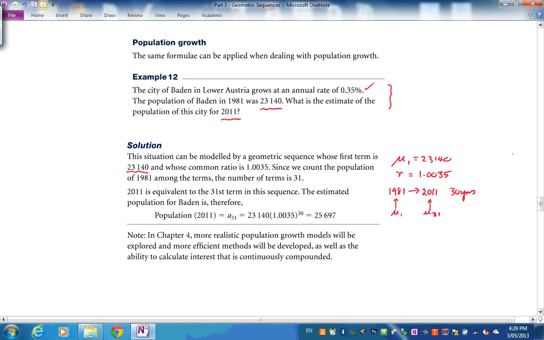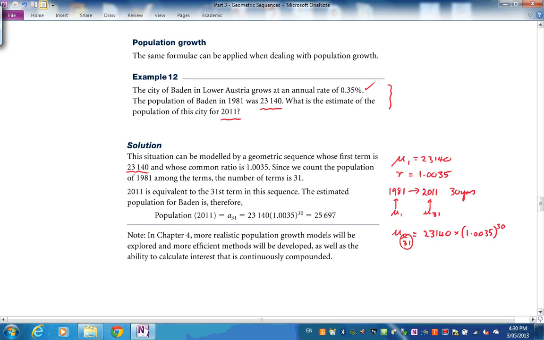So doing it from a geometric sequence point of view, remember mu n, we want mu31 equals mu1 times this ratio to the n take 1, 31. Remember, there's a 31st term. Here, take 1 is 30. So you've got to watch the term numbers here.